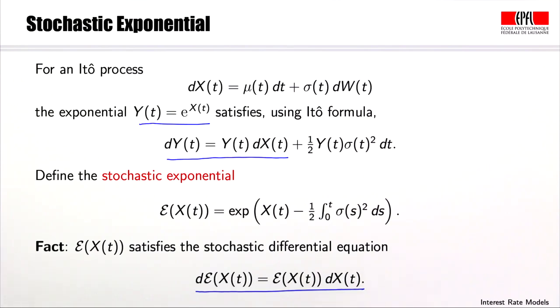That means, if x is a martingale, then the stochastic exponential of x is also a martingale. In sum, the stochastic exponential is the prototype of a positive martingale in stochastic calculus.